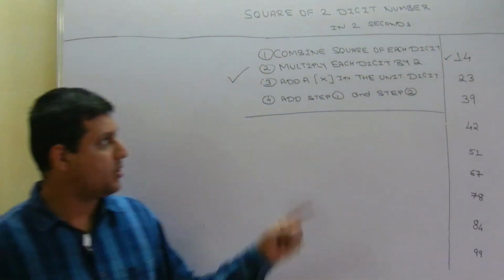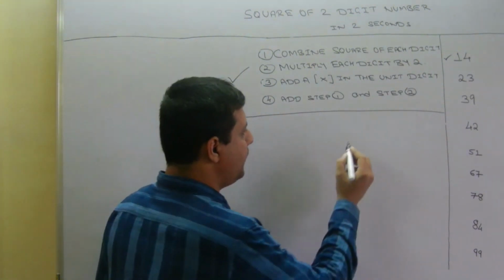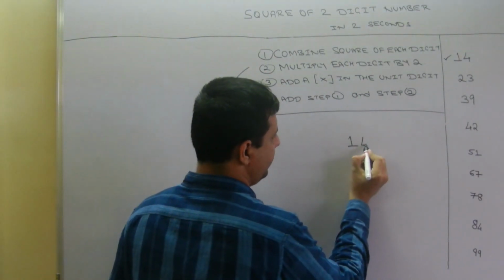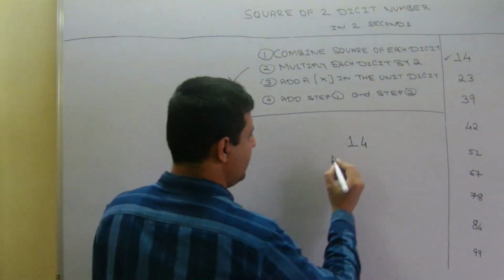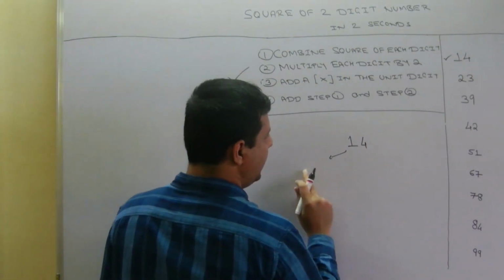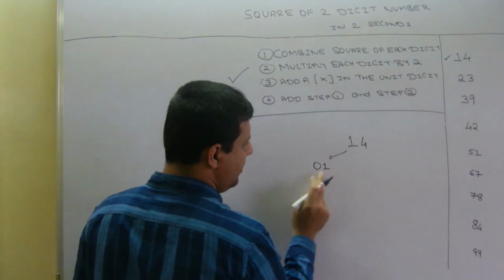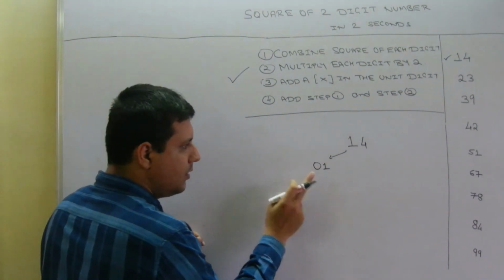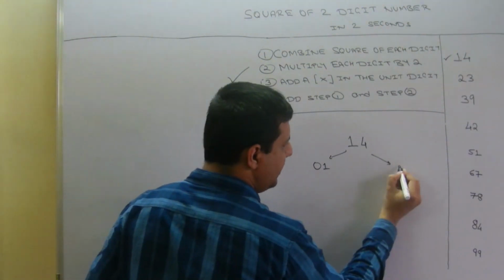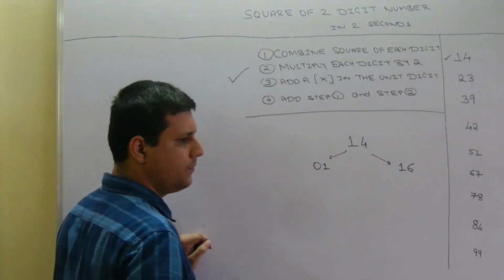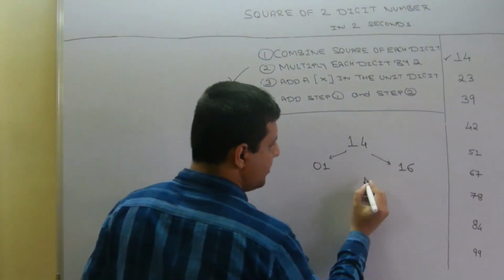Let's start. Starting with the first number, we have 14. What we are going to do is find out the square of each digit. Square of 1 is 1, so instead of 1, we write 01. Square of 4 is 16. Combining the numbers, we get 0116.